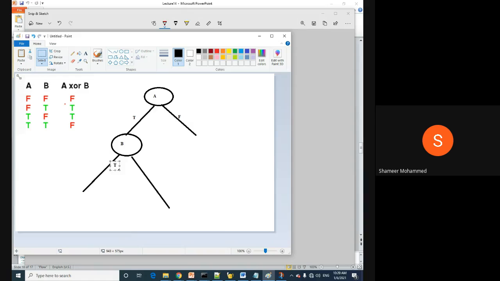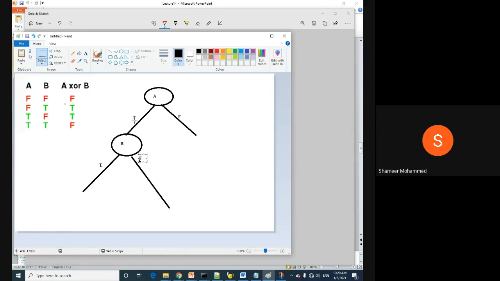True, another is false. What is the result like here?